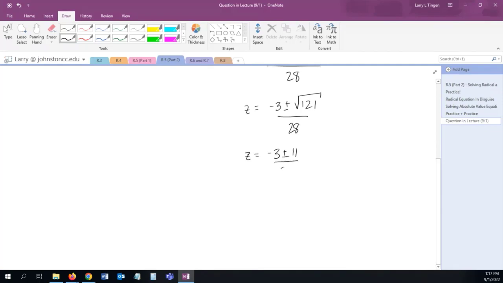Plus or minus 11 divided by 28. So this is going to bust up into 2 answers. I'm going to have -3 plus 11, which is 8 over 28, and -3 minus 11, which is -14 over 28. And do those simplify?